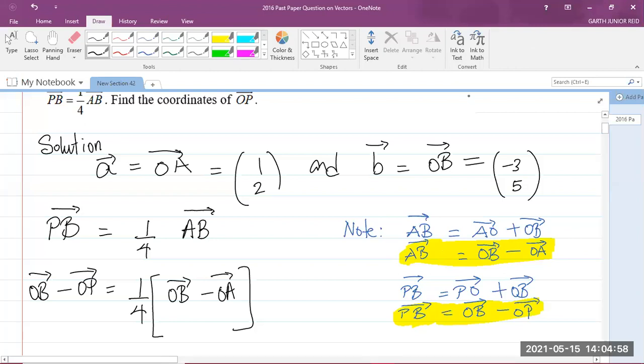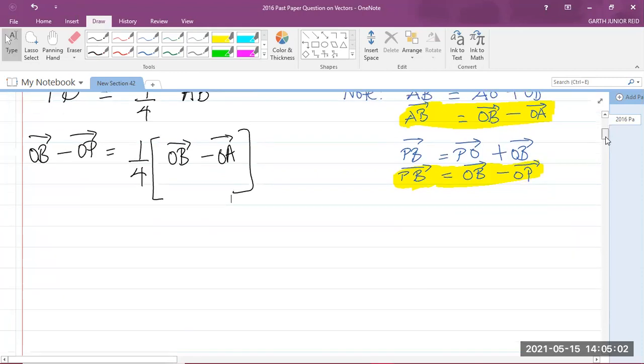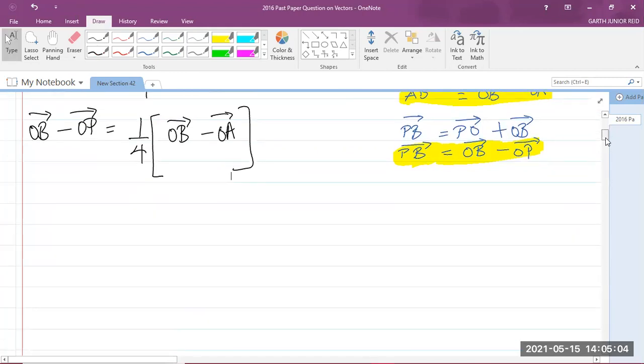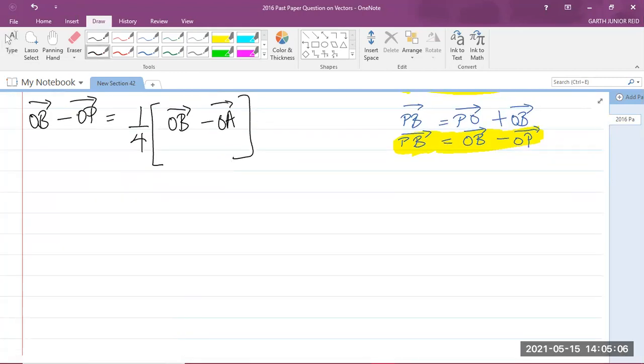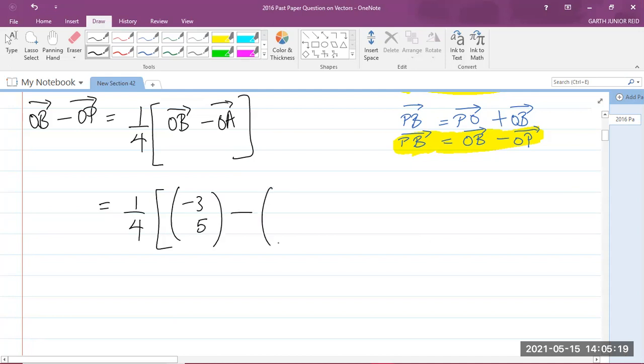Let's now simplify further, plugging in some information that we know. We were given that the vector OB is (-3, 5), and that the vector OA is (1, 2). All right, that's 1 over 4 multiplied by.